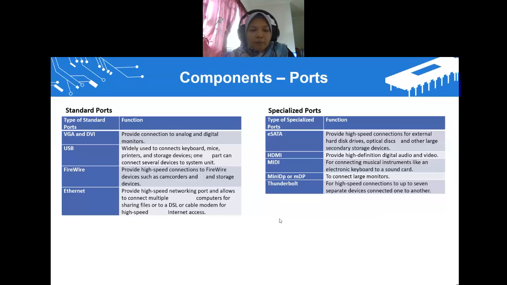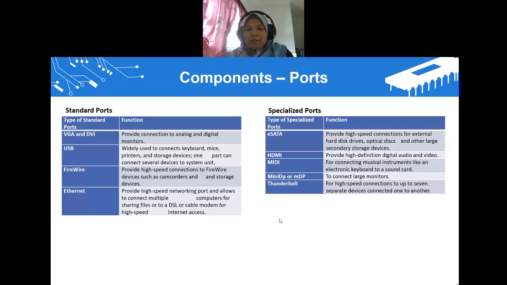Firewire provides high-speed connection to Firewire devices such as camcorders and storage devices. And Ethernet ports provide high-speed networking and allow connecting multiple computers for sharing files.